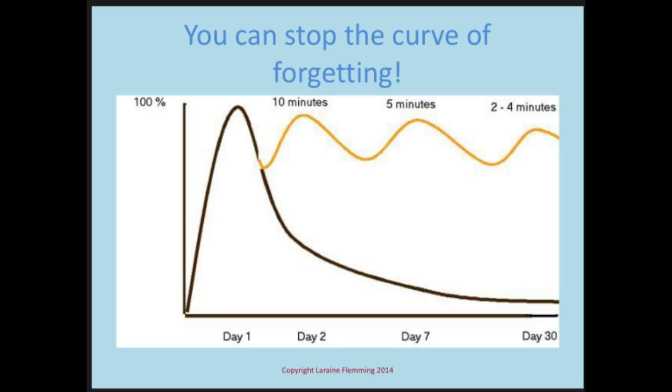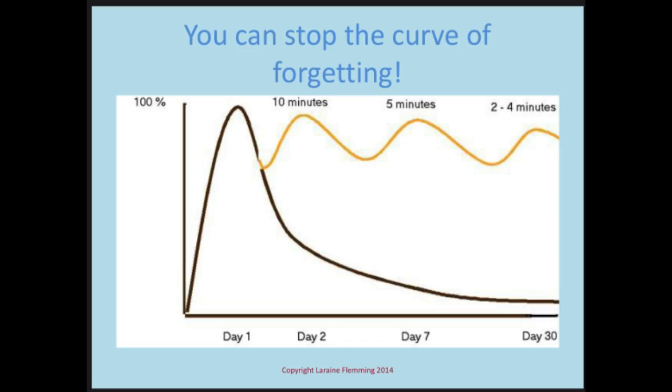Let's say that you went to a class, and it was a class on chemistry. And there was a good deal of lecturing, and there was some work, and there were some hands-on experiences, and there was some reading that you did, and everything else. And when you leave the class, you know 100% of what you know. Now, I'm not saying you know 100% of what was covered in class, but you know 100% of what you know.